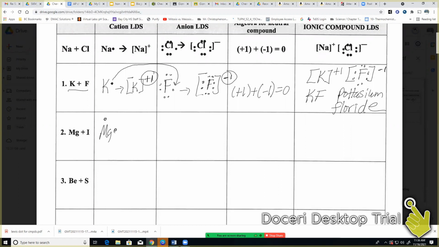So when it becomes an ion, it's going to lose those 2. Instead of a +1 charge, what's its charge going to be? +2. Iodine, another halogen, so it's going to be pretty similar to the fluorine. And it gains 1 electron. And it becomes a -1 ion.